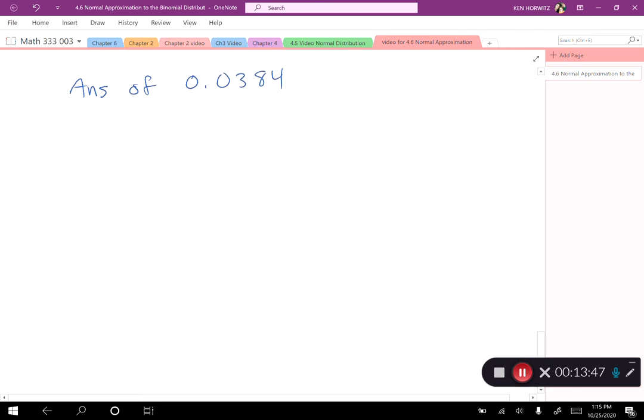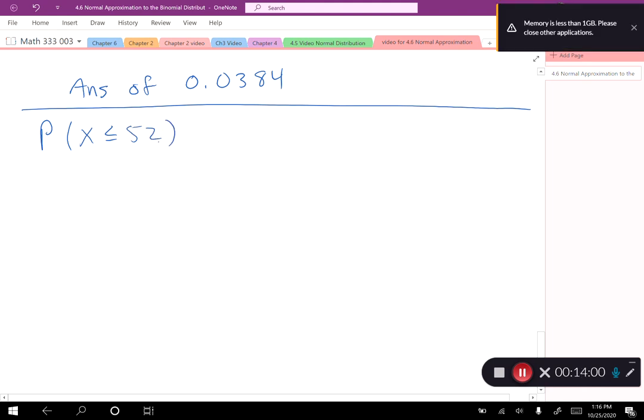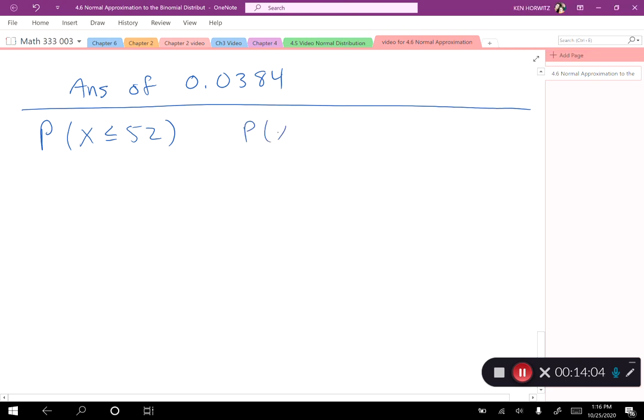The next situation is, what if I wanted to know the probability that x was less than or equal to 52? All right, because I have the or equal to, we need to do the probability that x is less than or equal to 52.5, just to make sure that I get that little extra on either side of 52.